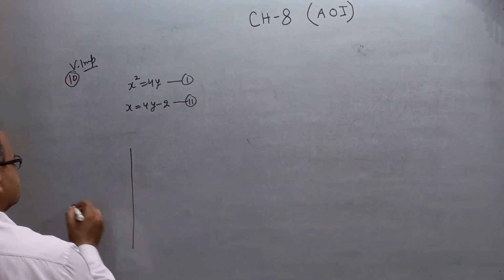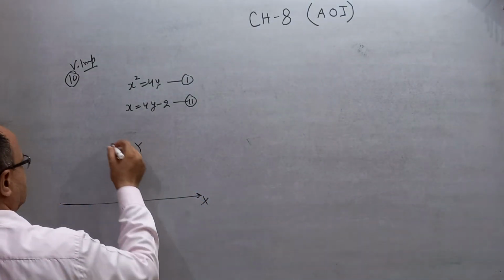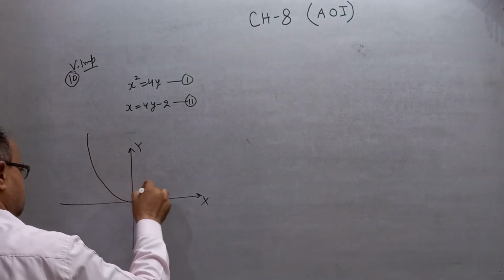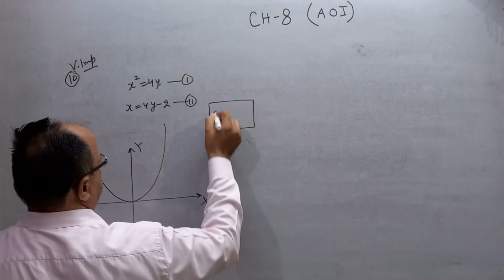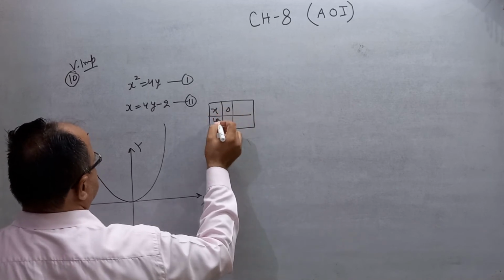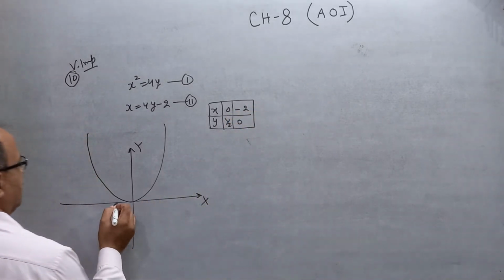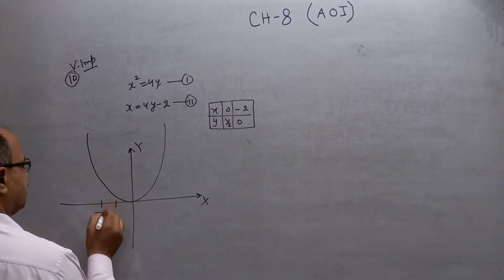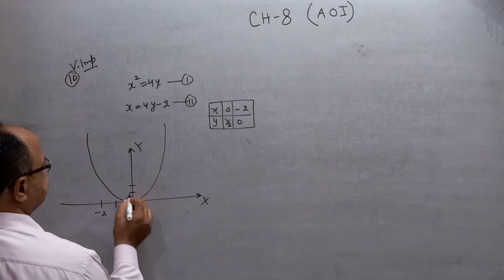You know that it is an upward parabola. And for the equation of this line, you can make the table. When x is 0, y is 1 by 2; when y is 0, x is minus 2. So minus 2 here, and 0, minus half here.